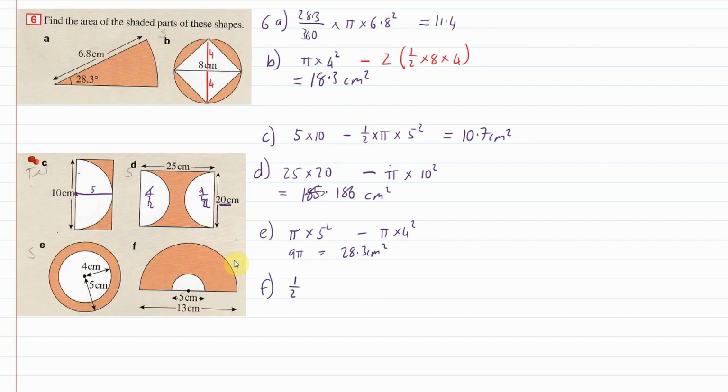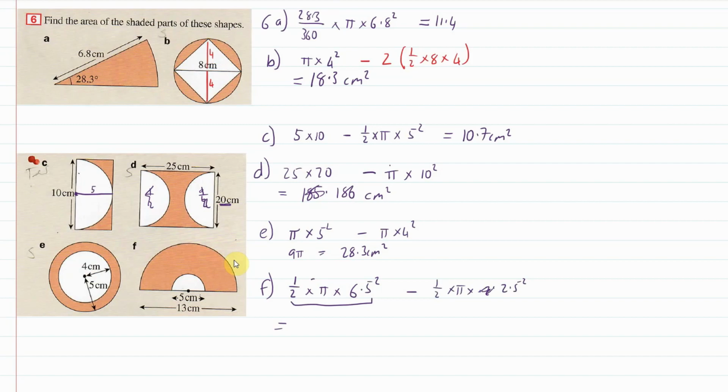Finally, F. You can see that you have a half circle, take away another half circle. So we get the big circle, which is half times pi times now half of 13 will be our radius. What's half of 13? 6.5. So that's the area of the big circle. Then we're going to subtract the area of the small circle, which is half times pi times 2.5 squared.